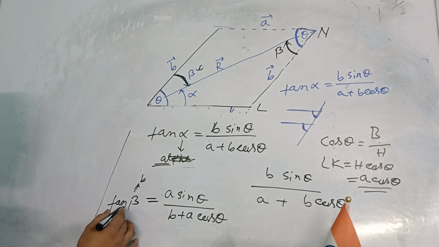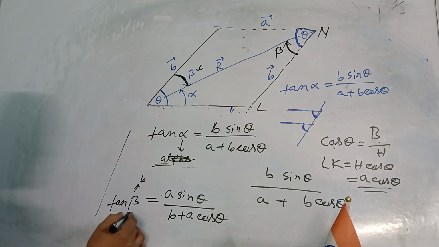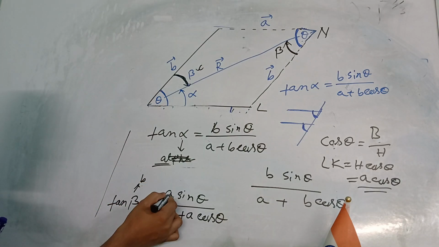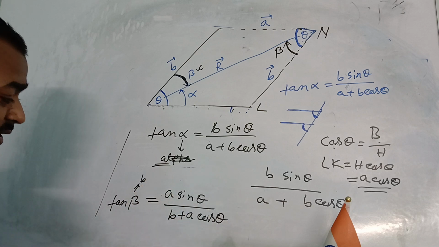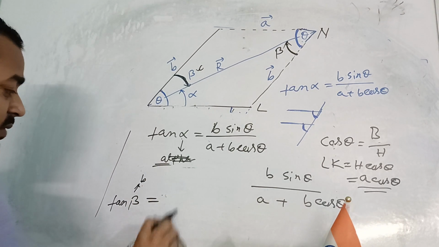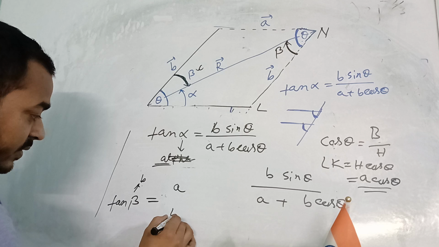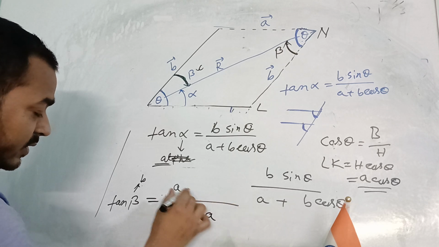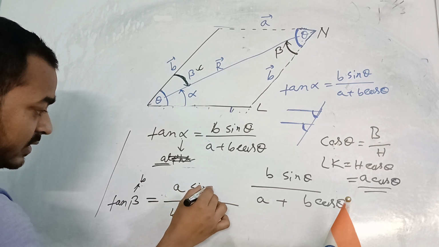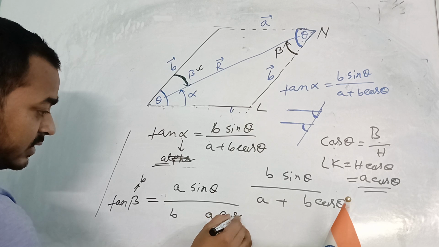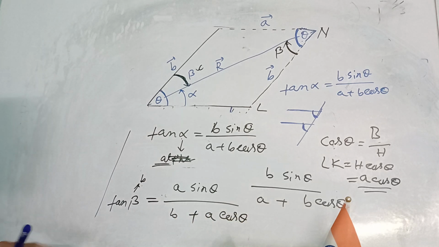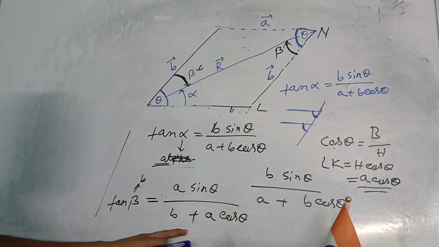Similarly, when we want to write beta, beta's first letter is B, so you have to write A. The formation is A, B, A, sandwich form, with sin theta and cos theta, plus. So exactly what we are getting, A sin theta divided by B plus A cos theta.